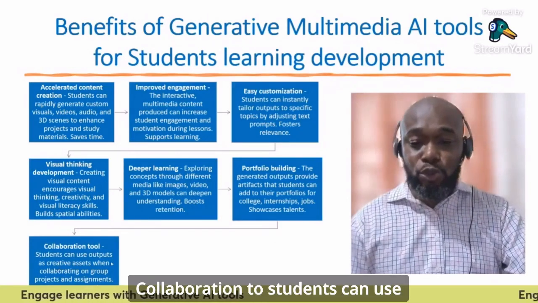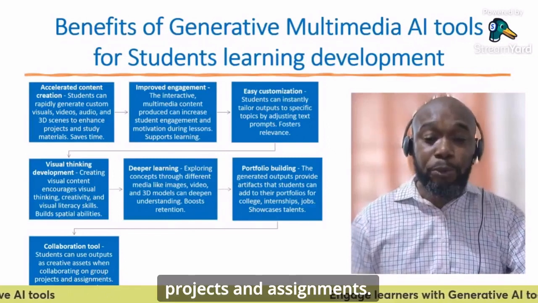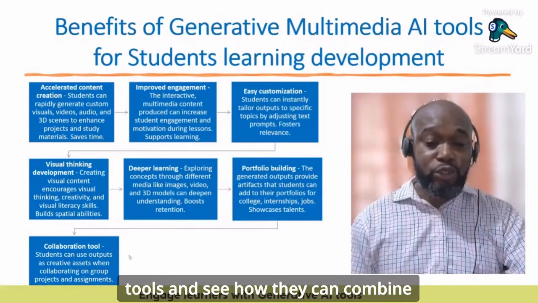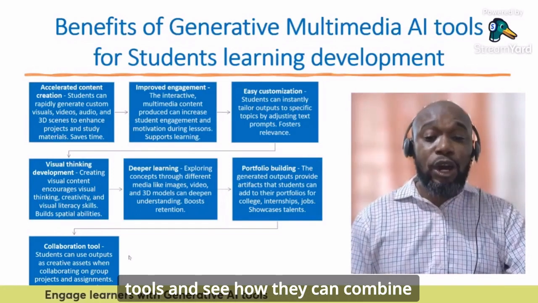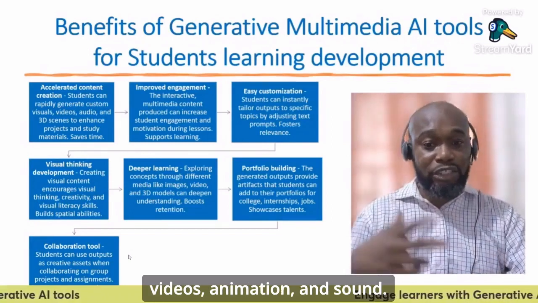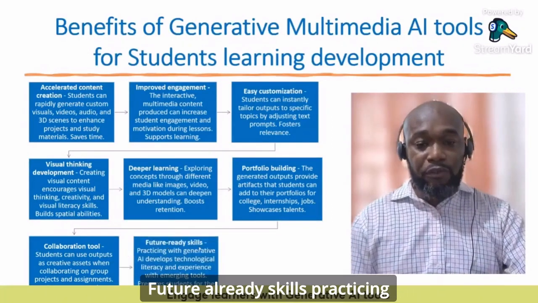Collaboration too. Students can use output as creative assets when collaborating on group projects and assignments, right? So they can collaborate with these tools and see how they can combine different prompts to make better images, videos, animation, and sound. Future ready skills.